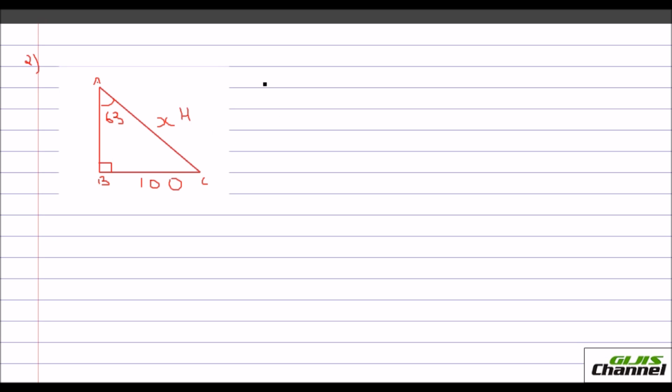So again, you're going to use sine theta. So that is sine 63. Theta is 63 here. Sine 63 is equal to opposite, which is 10, and the hypotenuse we don't know, so you take it as x. Got it?